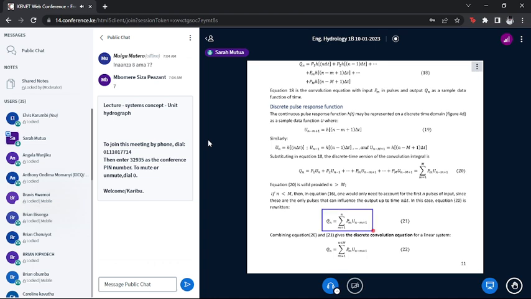So for example, in this case, let us calculate Q of 4. Q of 4 will be the summation, m equals 1 to n. And if our total n is 4, then we are going to calculate P of m, m equals 1 to n, U of n minus m plus 1.